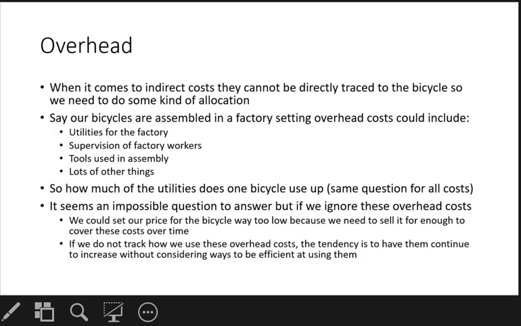So when we ask ourselves how much of the utilities making one bicycle uses up, how much supervision one bicycle uses up, how much of the tools is used up to make one bicycle, these are difficult questions, and there are not direct answers for them. Hence the reason why these are indirect costs. There is no direct tie from the utilities to the bicycles.